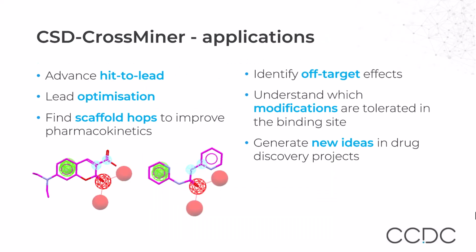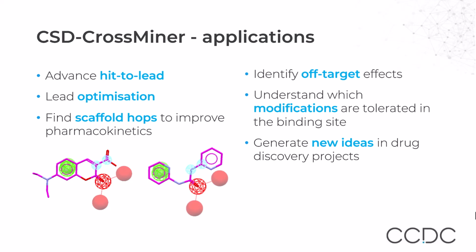There are many more applications of CSD Crossminer. It can be used for the hit-to-lead stage of drug discovery when you improve the binding property of the compound that you have. You can also identify off-target effects.